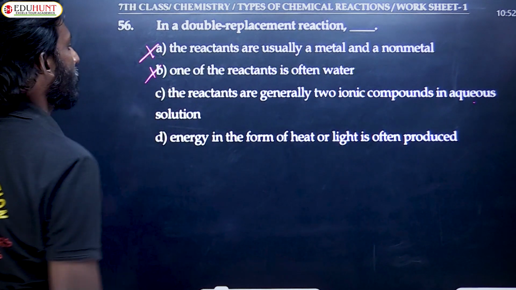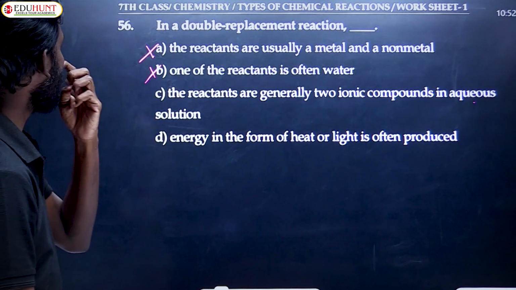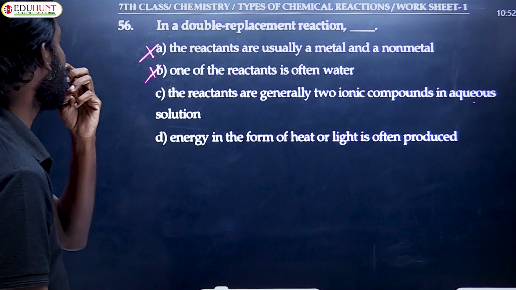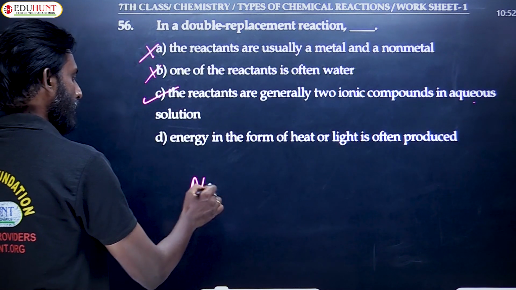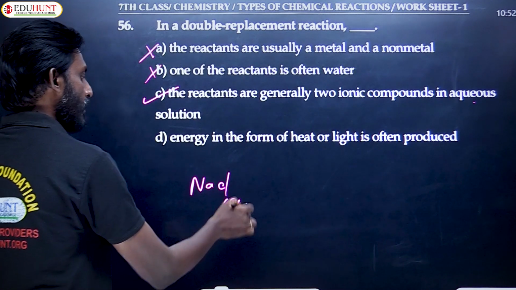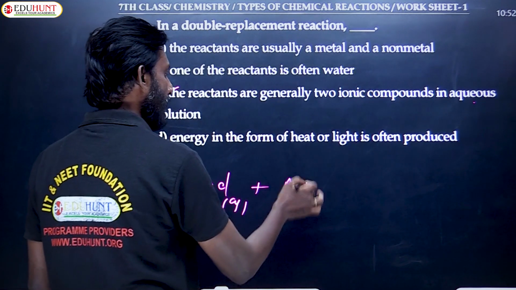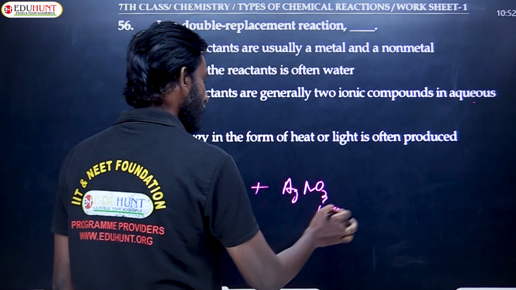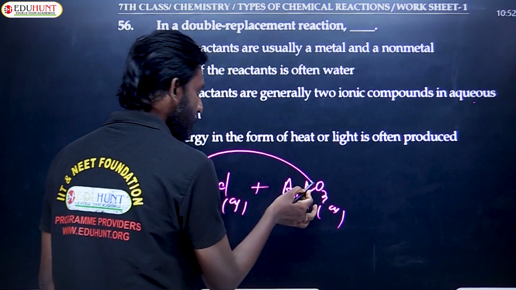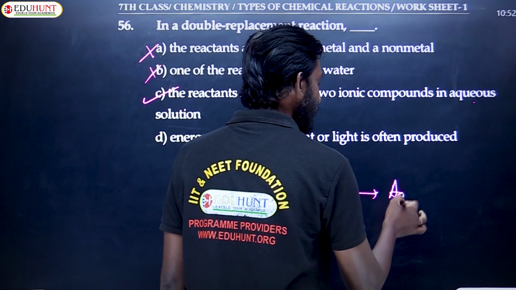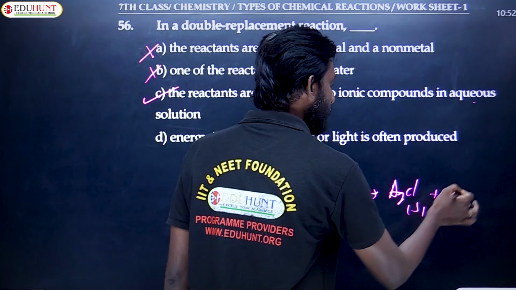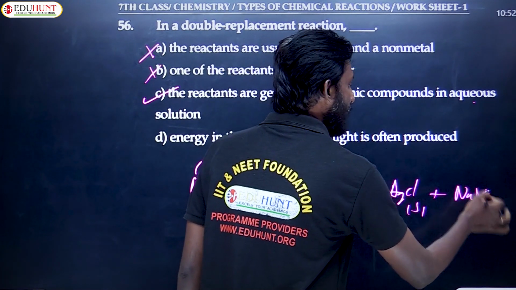No. It's not hydrolysis. The reactants are generally two ionic compounds in aqueous solution. Yes, generally. Just like NaCl aqueous plus AgNO3 aqueous. This cation exchanges with this anion, this cation exchanges with this anion, you will get AgCl solid precipitate and NaNO3 aqueous.